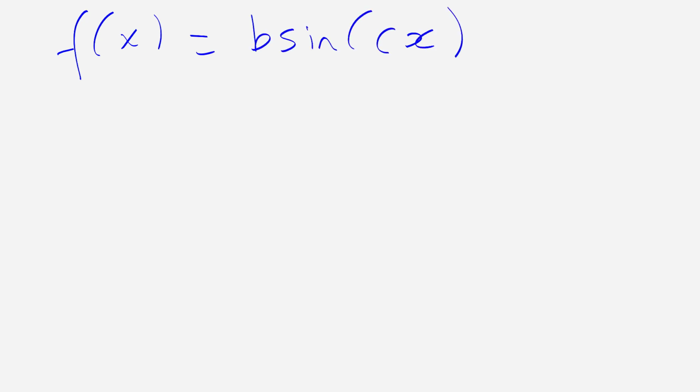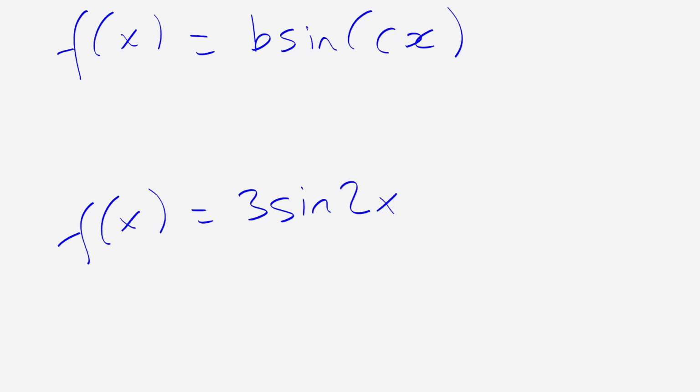Then we have to move on to functions of the format b sine cx. So now we put in numbers. For example, what if I had the function 3 sine 2x?